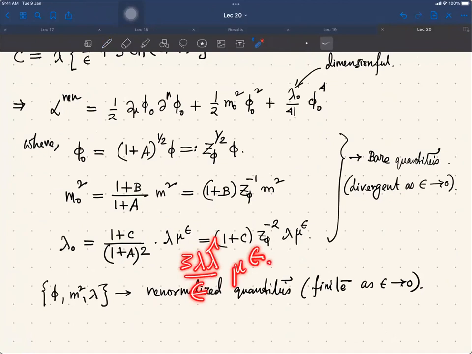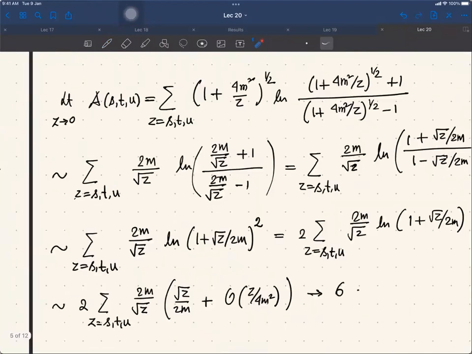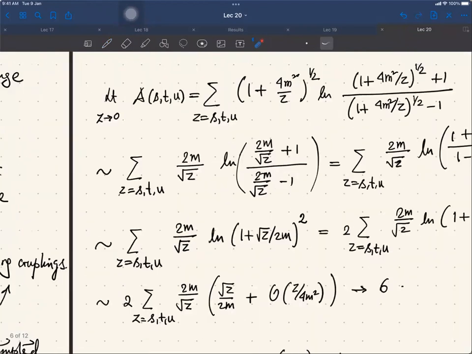And then the contribution coming from A, which is subleading in this binomial expansion of 1 plus A to the power minus 2, will give you a lambda cube contribution to this relation. So let us stick to this. This is mu to the power epsilon times 3 lambda lambda hat over epsilon.